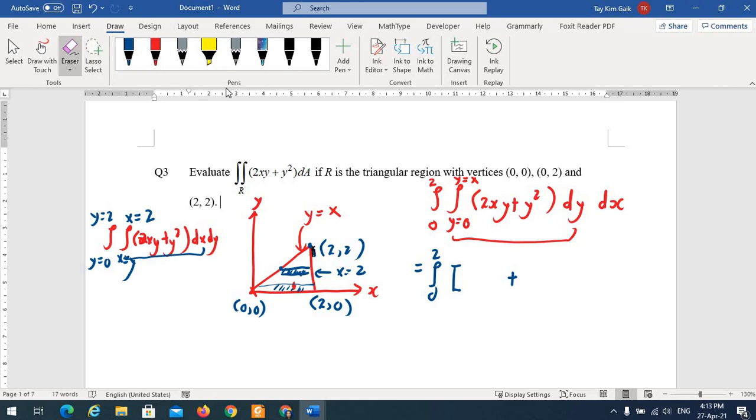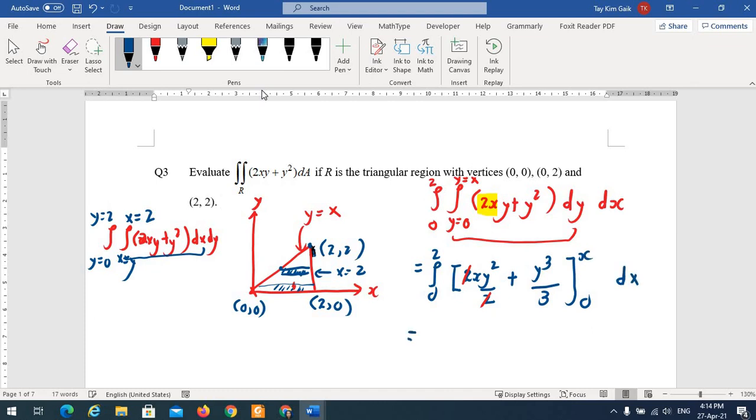This one integrates with respect to y, so the constant is 2x. You should get 2x times y squared over 2, and the 2 and 2 cancel. Integrate y squared to get y cubed over 3, with the limit of y from 0 up to x.